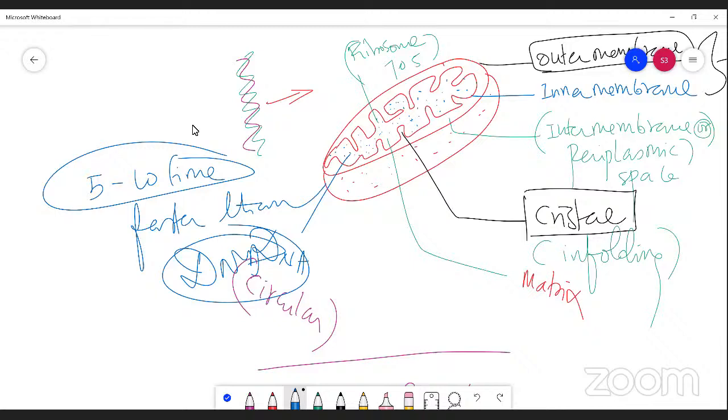A. Mitochondria, B. Chloroplast, C. Ribosome, D. Nucleus. What's your option? Mitochondria, 5 to 10 times.